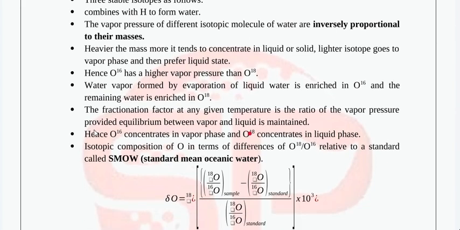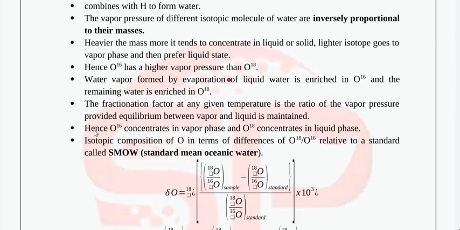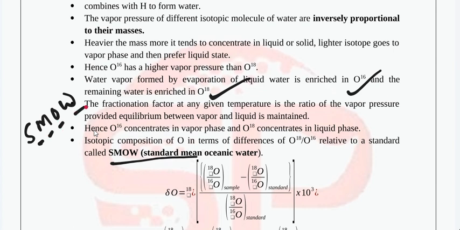Okay. So oxygen 16 has a higher vapor pressure than oxygen 18. Water vapor formed by evaporation of liquid water is enriched in oxygen 16, and the remaining water is enriched in oxygen 18. Okay, I forgot about the standard. The standard is SMOW, standard mean oceanic water.